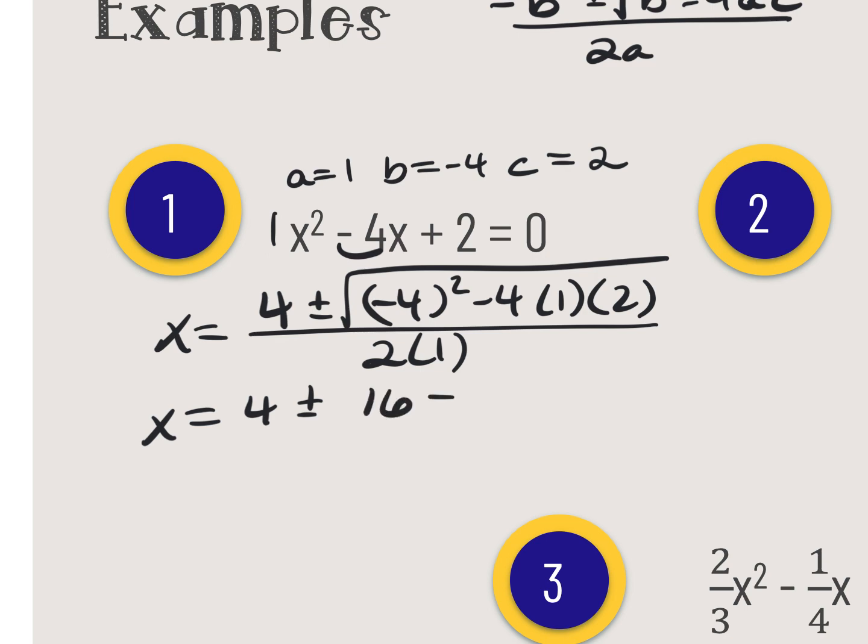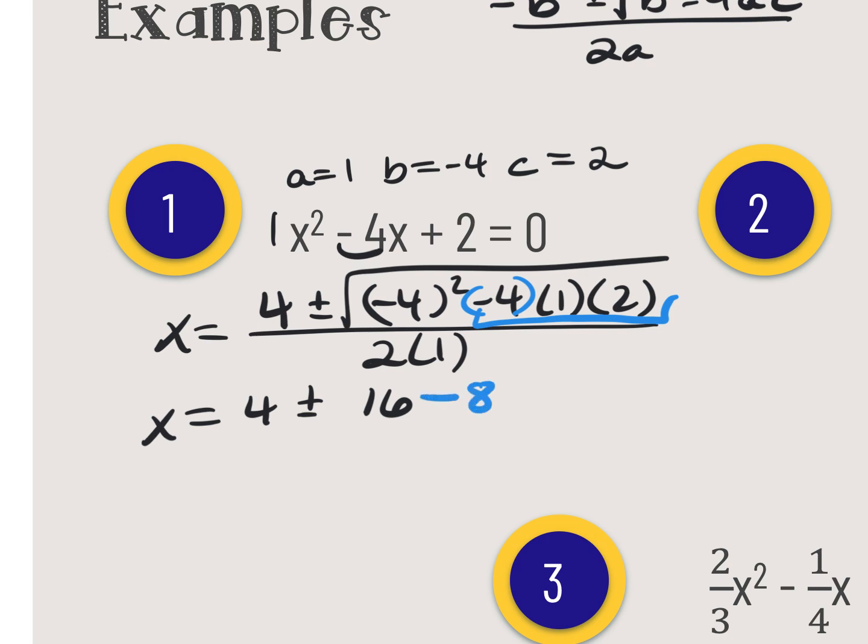Now, when I go to do the -4ac, I take this as a -4. You could take it as a +4, but then leave the subtraction. But for me, it's easier to multiply -4 times +1 times +2, and that gives me -8.